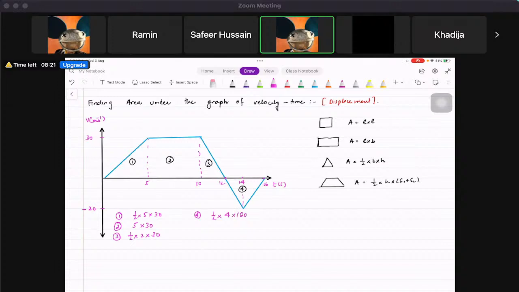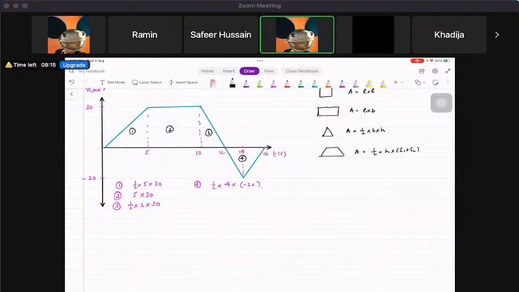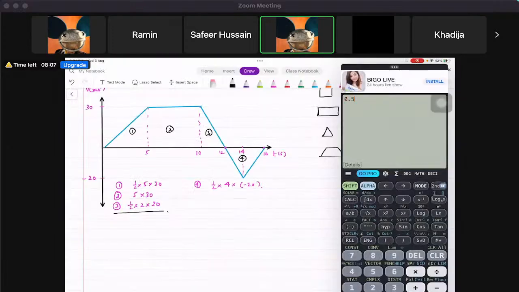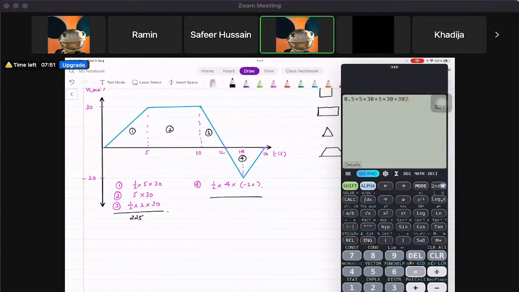In fact, I'll write minus 20 because it is in the negative direction. When you add all this up, it's 0.5 times 5 times 30, plus 5 times 30, plus 30. So it's going to be 225, and this will be 2 times minus 20, so that's minus 40.